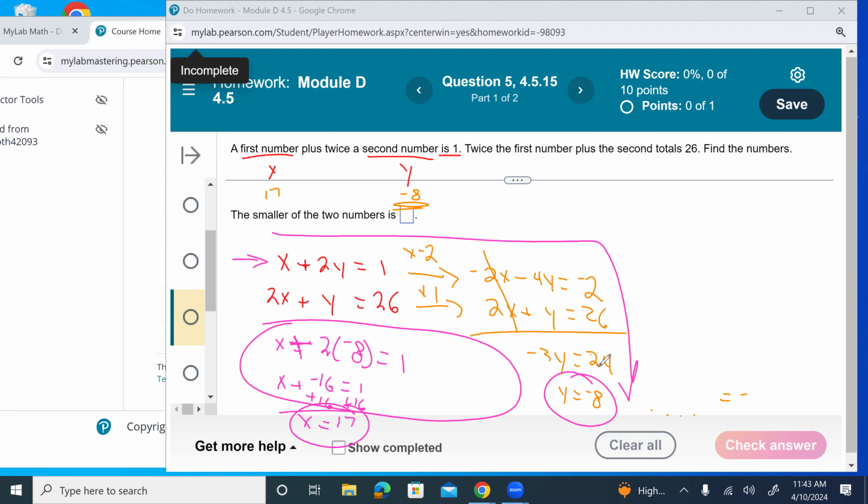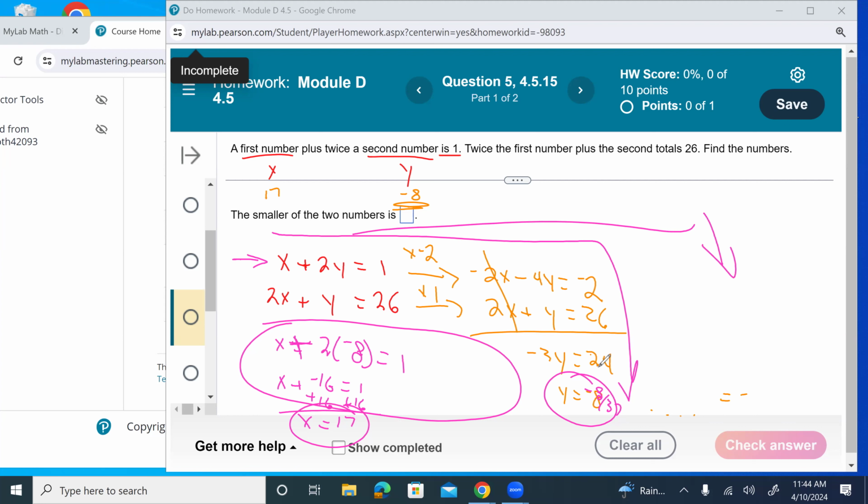And here's where you would not do the pink part of this, if this came out to -8 over 37. I would not do this pink part. I would do another one over here and eliminate the other variable.